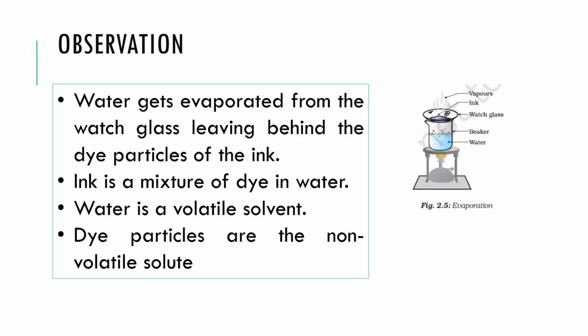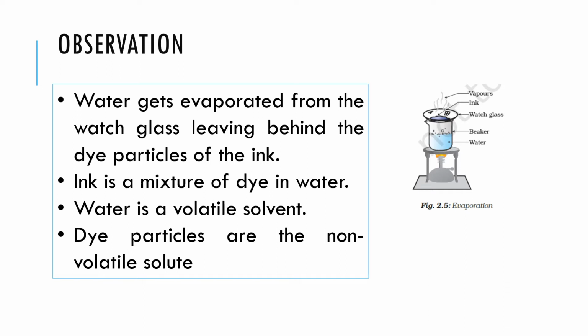What do you observe? Water gets evaporated from the watch glass, leaving behind the dye particles of the ink. Now answer the following questions. What do you think has got evaporated from the watch glass? Yes, you are right. Water has got evaporated from the watch glass since it is a volatile solvent. The second question, is there a residue on the watch glass?